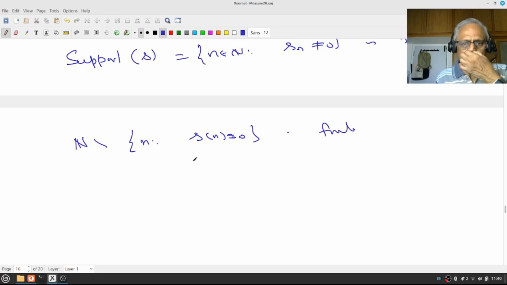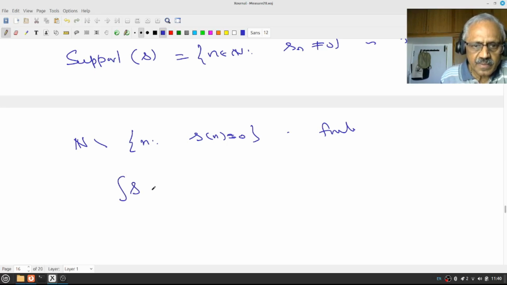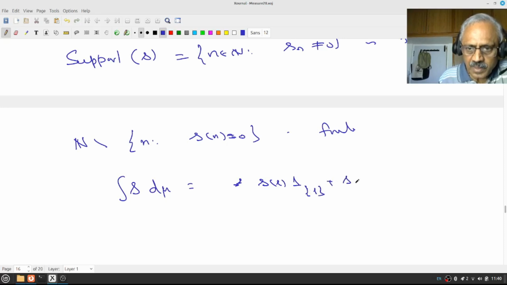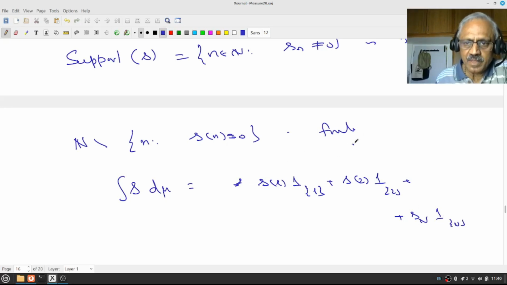So except for finitely many elements, my s(n) is always 0. In that case, the integral of s dμ is nothing other than s(1) times the indicator function of 1 plus s(2) times the indicator function of 2 plus up to s(n) times the indicator function of n, where we assume the support is contained in 1 to n.